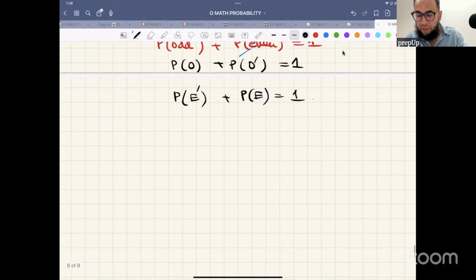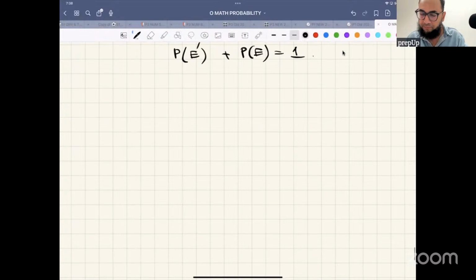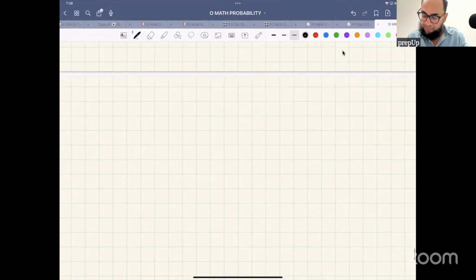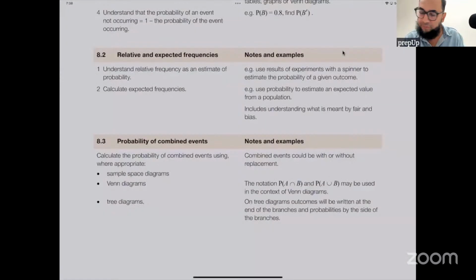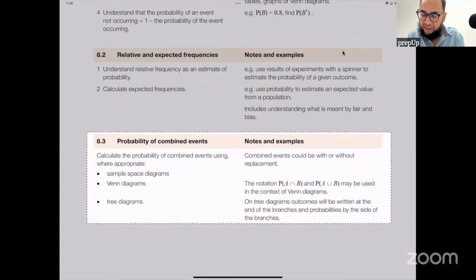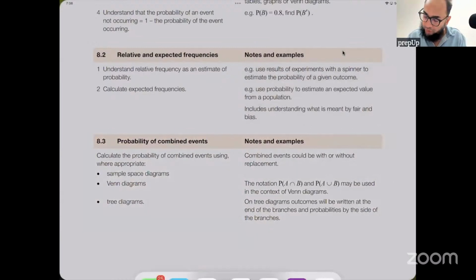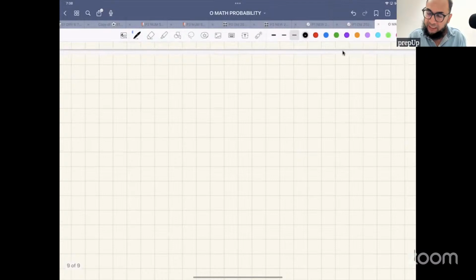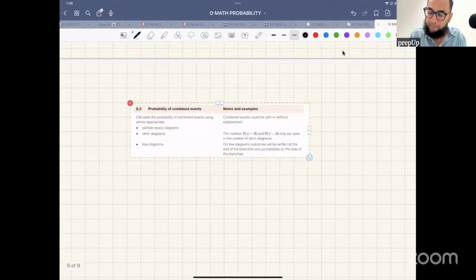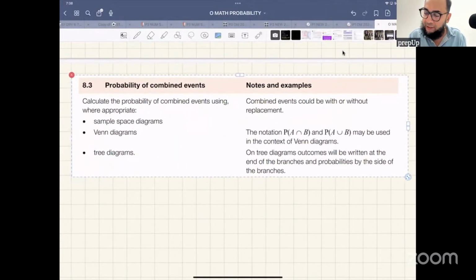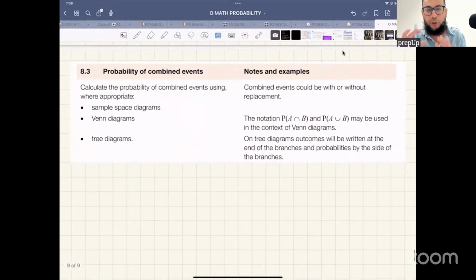Now let me move ahead and paste over here 8.2 and 8.3. I'm not focusing on 8.2, I'm focusing on 8.3. So let's get started with this idea. In 8.3, there are three things that we focus on. 8.2, I can do a bit later.